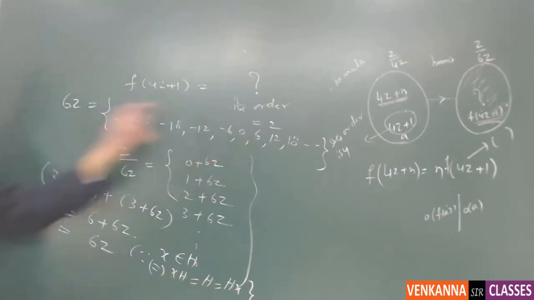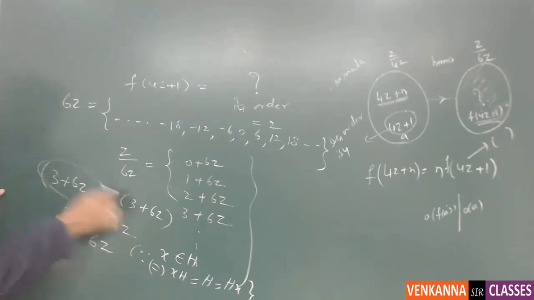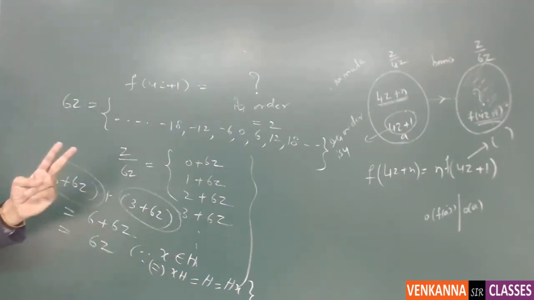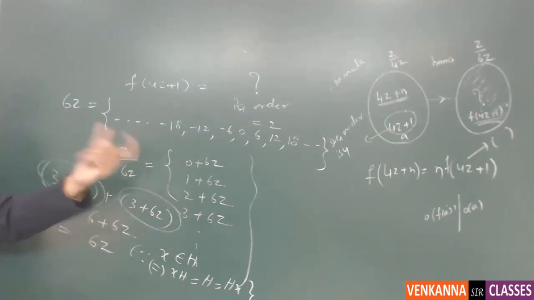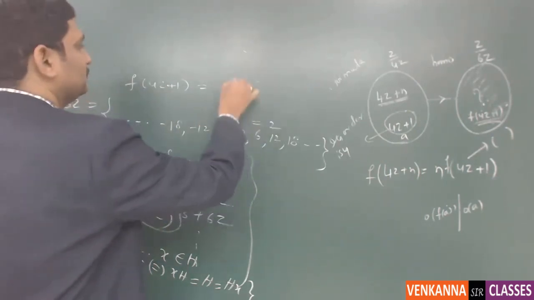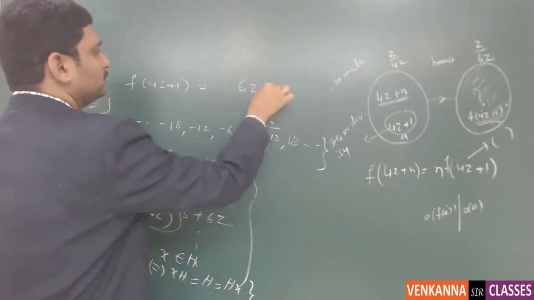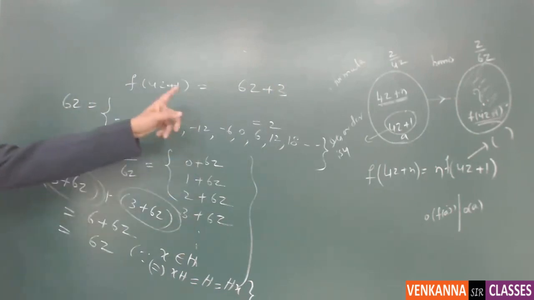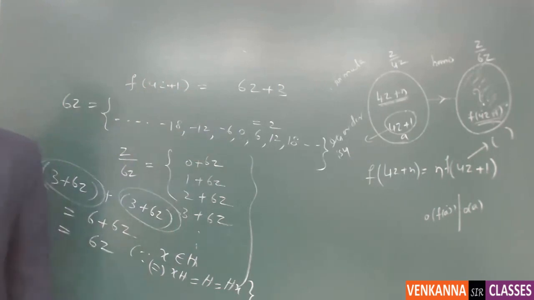Since 6 is a part of it, 6 plus 6z is nothing but 6z. So 3 plus 6z, when you add it exactly 2 times, gives the identity. So the order of the element is 2. So how does the pairing come? f of 4z plus 1 is nothing but 6z plus 3. So this is the pairing you have taken. So these are the two possible homomorphisms between the given two groups. That was the conclusion of the problem.